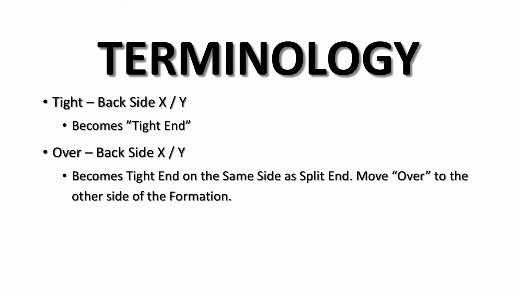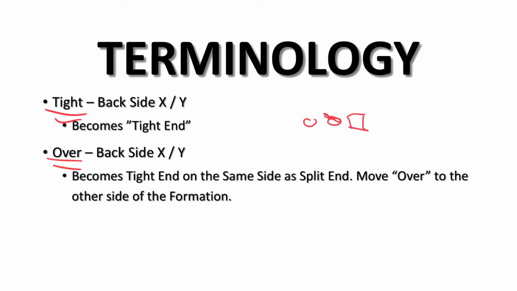Okay, a little bit of new terminology here. We have two tags that we like with our tight ends that we use quite a bit. My first one is tight, and the second one is over. Tight means the backside of whatever the formation is. So we were just in trips right. If we're saying trips right tight, let's draw this up.